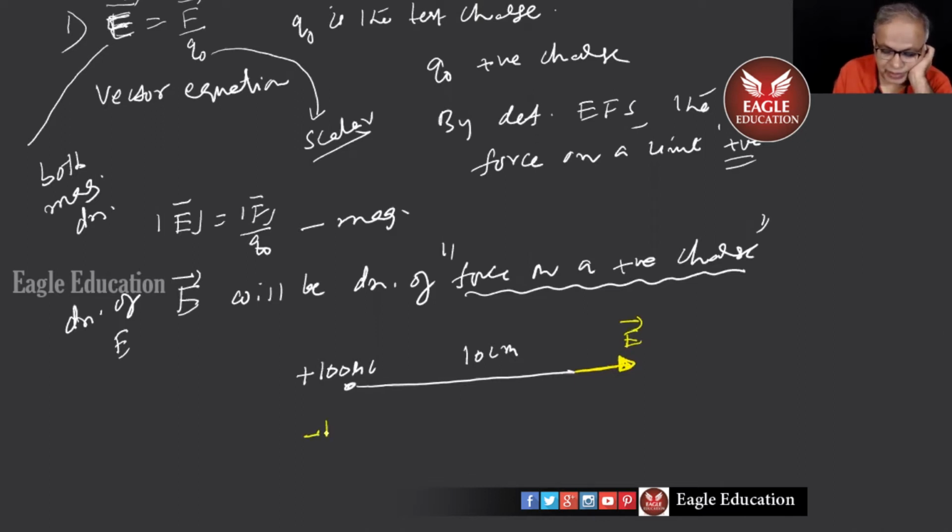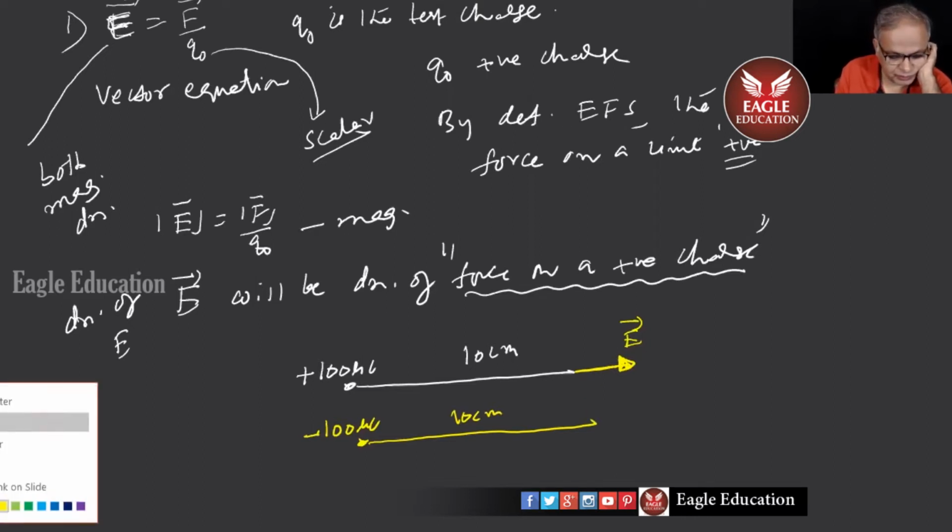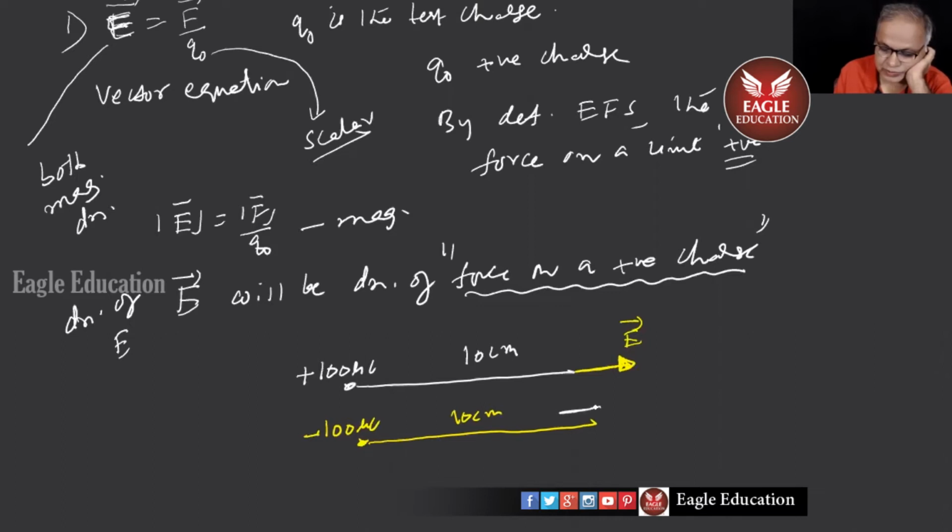But if I have a minus 100 microcoulombs charge like this, at a distance of 10 centimeters from it, the direction of electric field is towards it. What it means is, supposing I had placed a plus 1 coulomb charge here, what would be the direction of force on plus 1 because of this? That will be a repulsive force. So E is that way. In a similar way, supposing I had placed a plus 1 coulomb charge here, what is the direction of force on plus 1 because of minus 100? That's attractive.